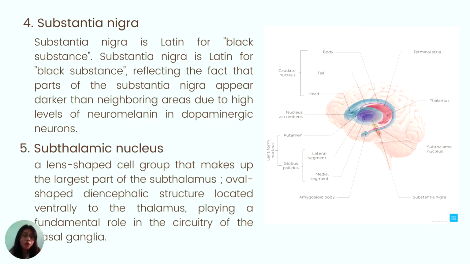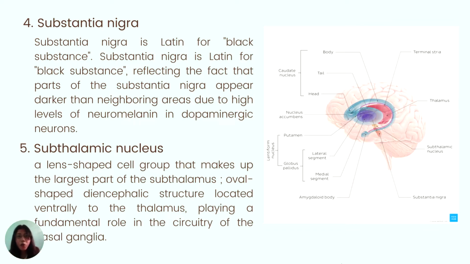So, reason for color of the substantia nigra is the cells that make neuromelanin, which is like the melanin na nagbibigay ng color sa skin natin, ay nandun present siya sa substantia nigra, kaya ganun yung kulay niya. Substantia nigra also makes dopamine. So the substantia nigra sends up dopamine up to the basal ganglia.